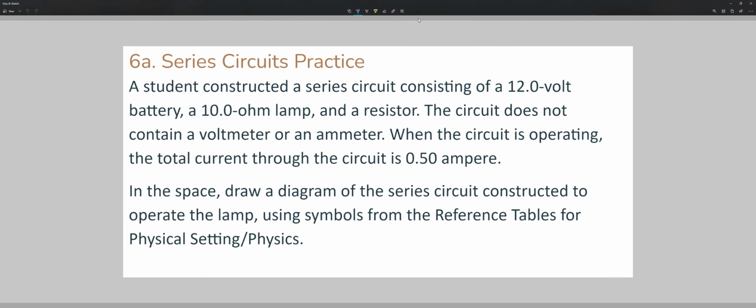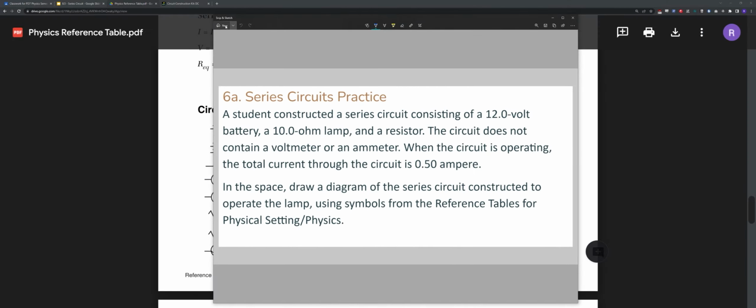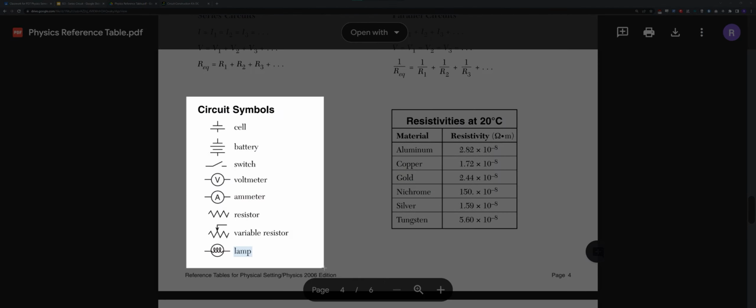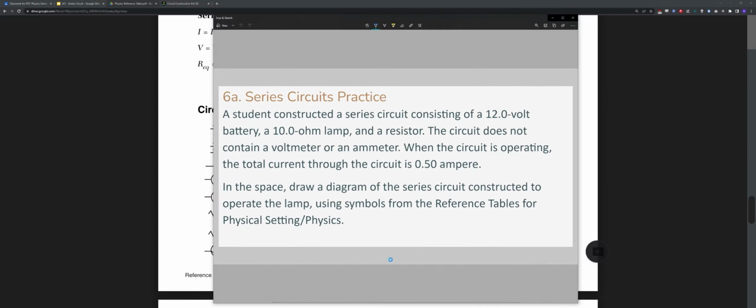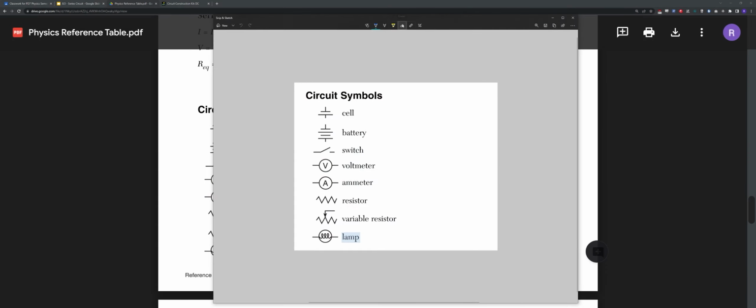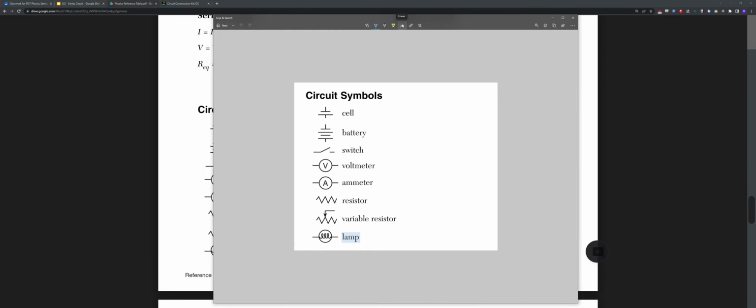Again, the defining feature of a series circuit is that there's only one path for electrons to take. So I'm going to draw my battery, and the short side is your negative side, and the long side is your positive side. I'm going to say this is my 12-volt battery because it says you have a 12-volt battery.